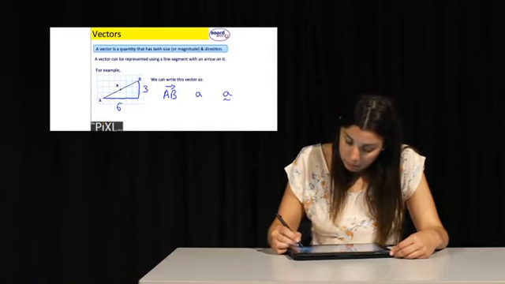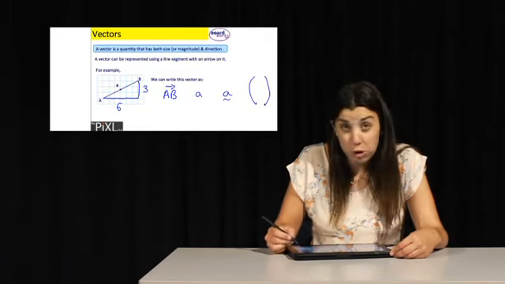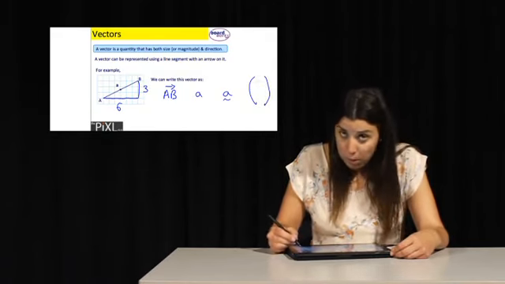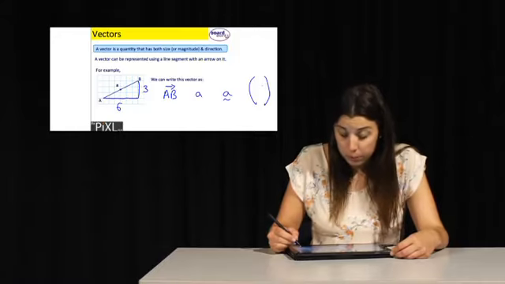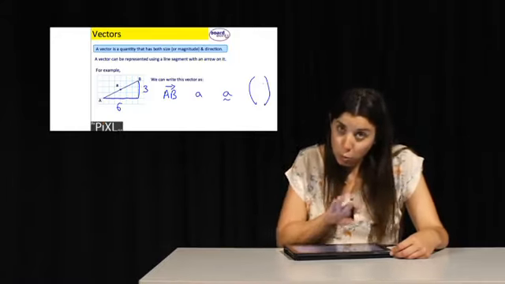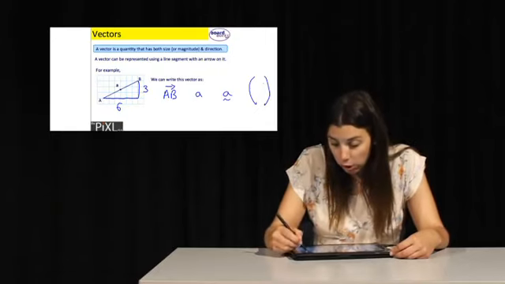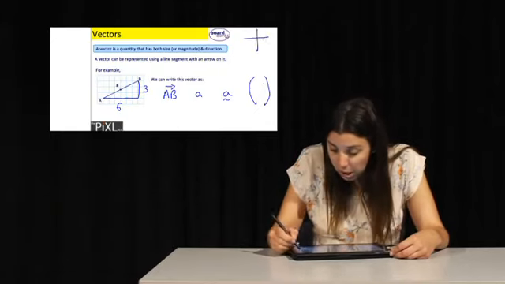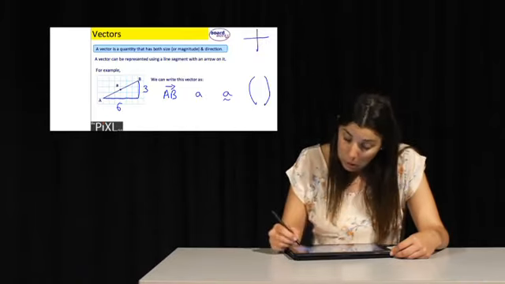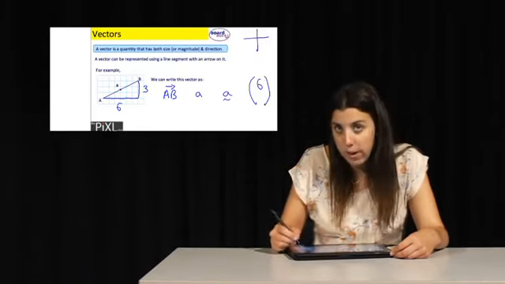A column vector is used also for translations. Here, the number at the top represents the horizontal movement. If you're going in a positive direction, that's moving right, think about an axis on a graph, and moving this direction is the positive. As we're doing here, from A across, we move 6. And that means our first number is 6.